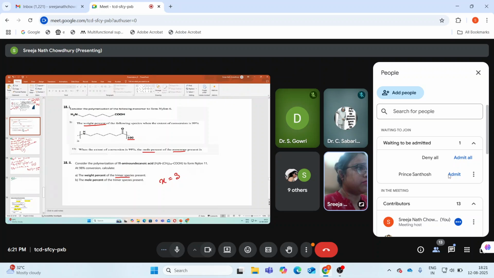Okay, so we have to calculate the weight fraction of the trimer species where x equals 3 and p equals 0.98. For weight fraction our formula will be W3 equals x into (1 minus p) square, into p to the power x minus 1.